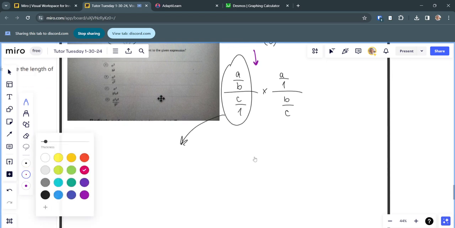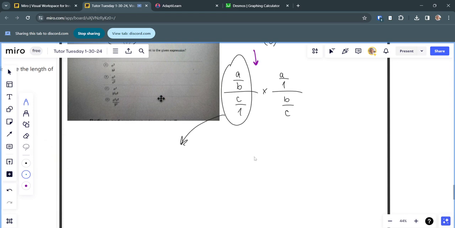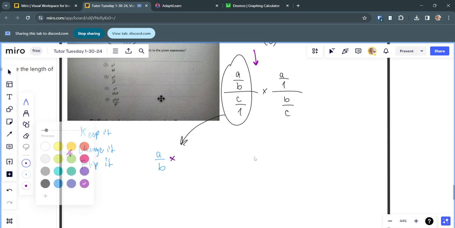And what I do with these nested divisions is I keep it, change it, flip it. That's the trick. You want to keep the a over b, change it to a multiplication, and flip the fraction down here to 1 over c.